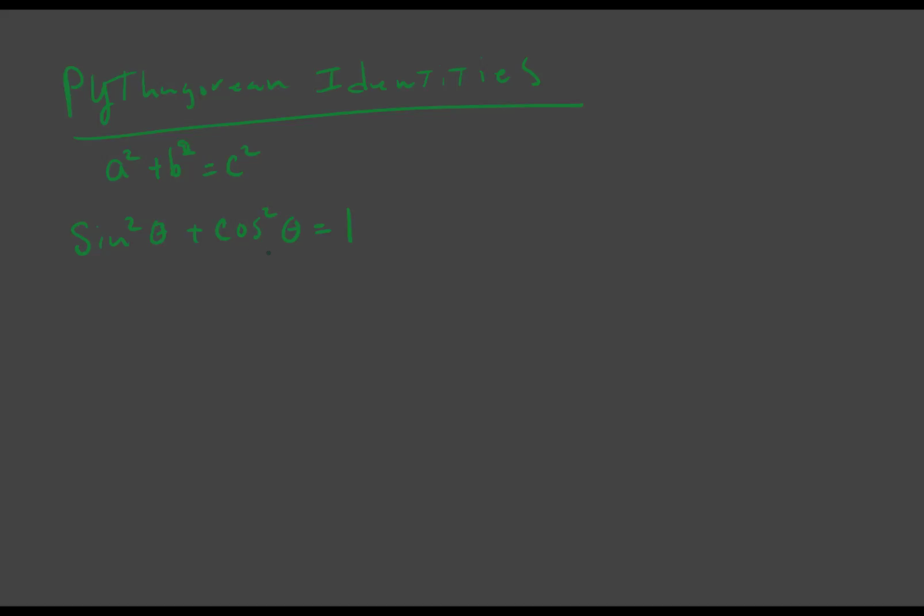But the other two Pythagorean identities from your formula sheet: 1 plus tangent squared of theta equals secant squared of theta, and 1 plus cotangent squared of theta equals cosecant squared of theta.